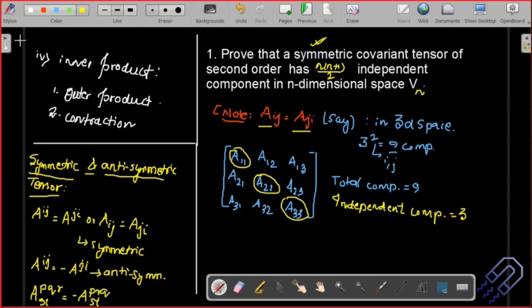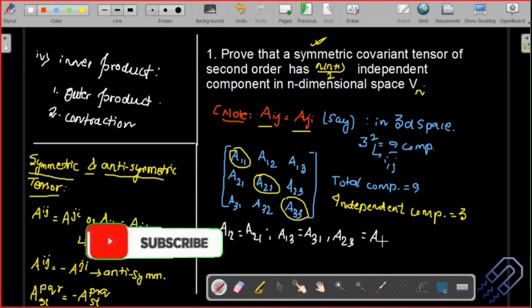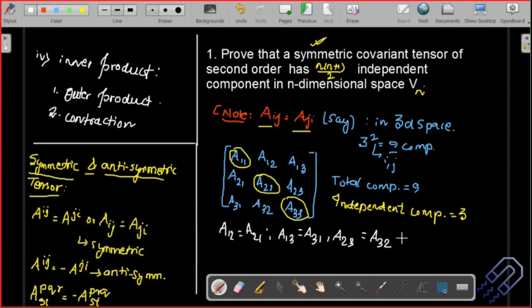So that means a12 is equal to a21, a13 is equal to a31, and finally a23 is equal to a32. So these are repeated. That means from here also we are getting 3 independent components, because it's getting repeated. The repeated ones are obviously not counted, common sense, right? We're just taking the 3.